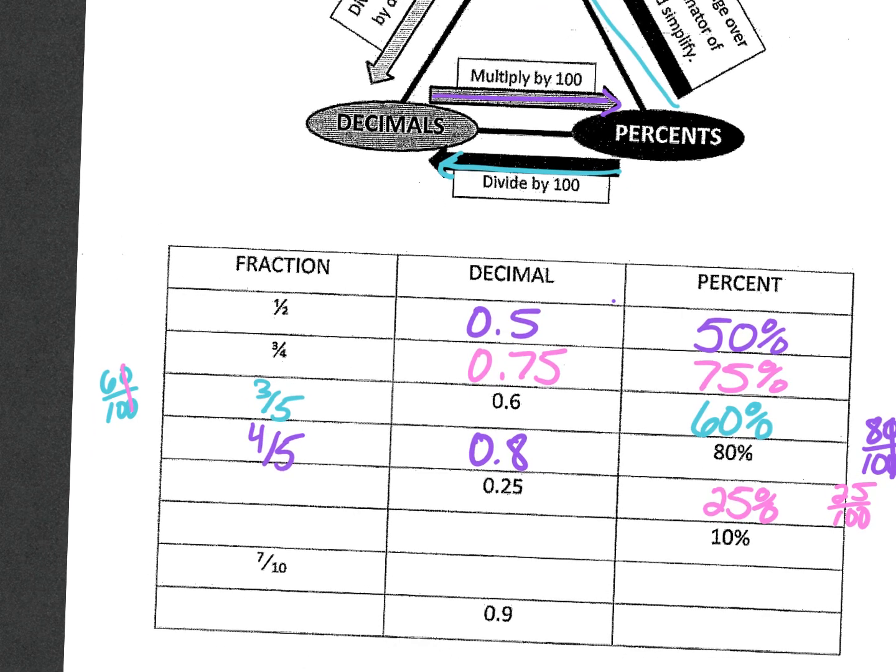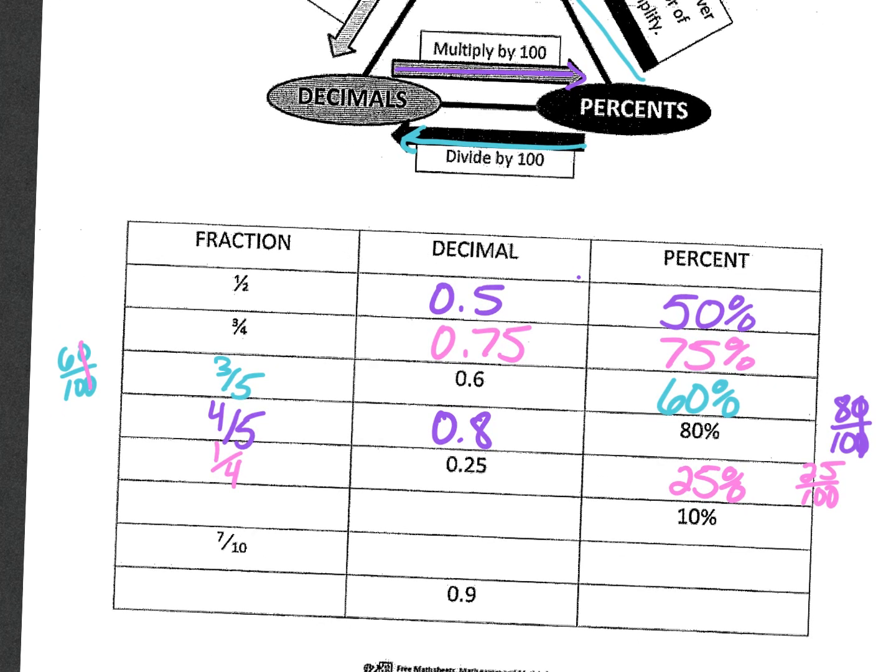And that's like 1/4 out of $1, which is 1/4. Then we have 10% here, which becomes 0.1 or 0.10. 10% is actually 10/100. Cancel those zeros and you get 1/10.